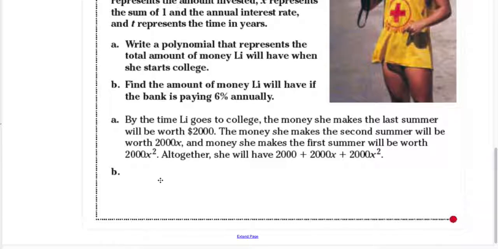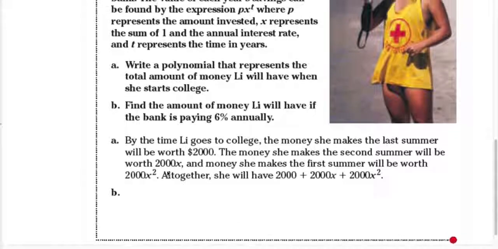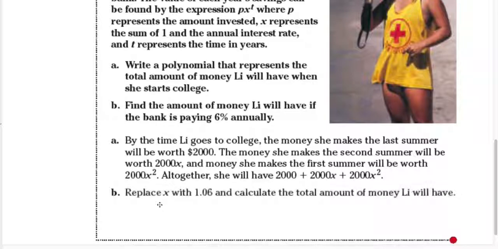Okay, so letter B, find the amount of money Lee will have earned if the bank is paying 6% annually. So we simply get this. Use the formula that we use, which is px raised to the t power, which is now being applied to 2000x squared, and simply substitute x with 1.06.